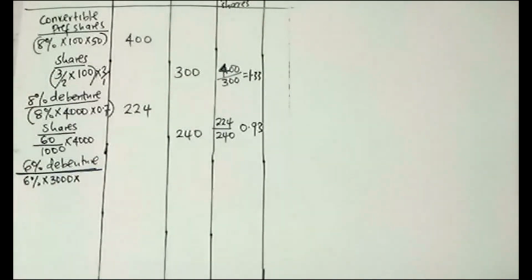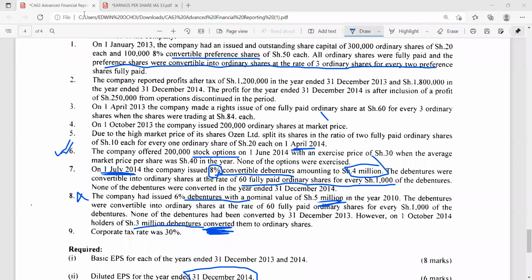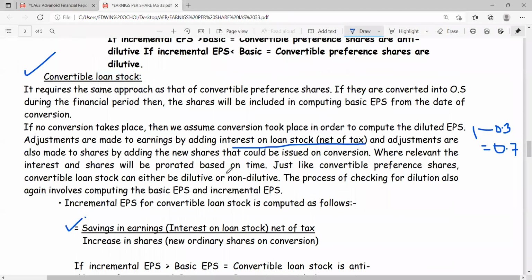That is why they said in the notes, where necessary, where relevant, the interests and the shares will be prorated on time.